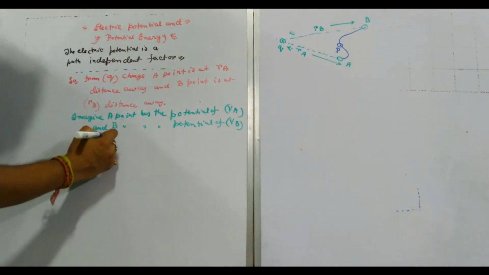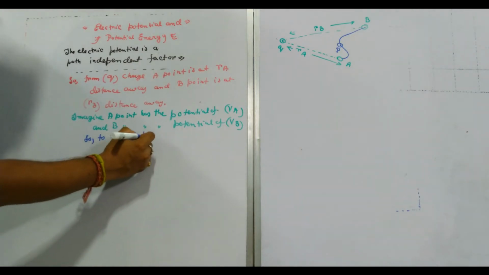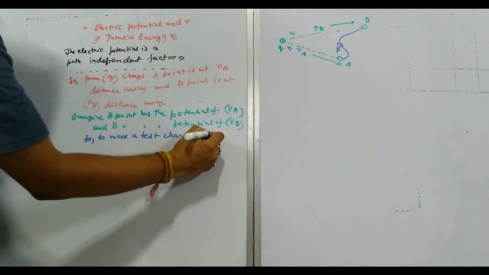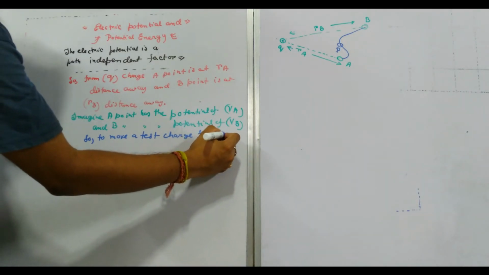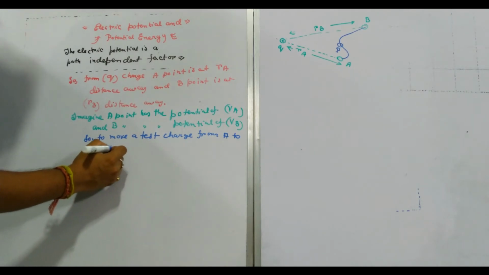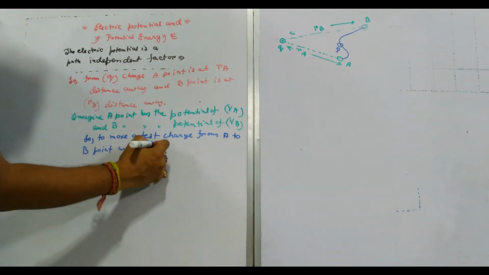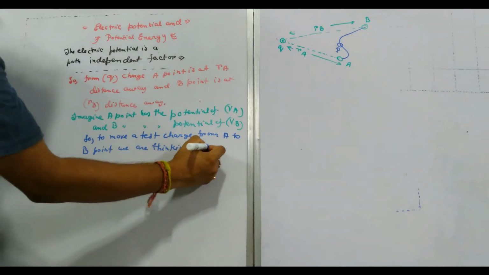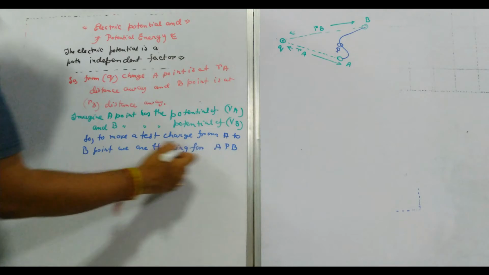So to move a test charge from A to B point, we are thinking of the APB pathway.